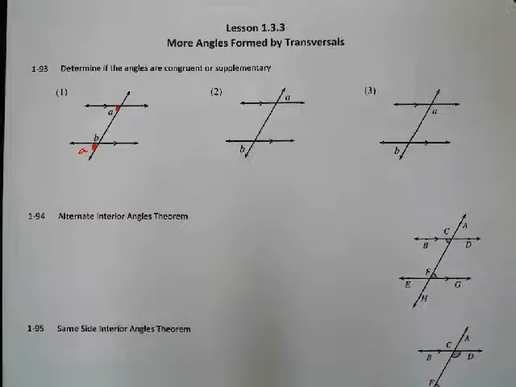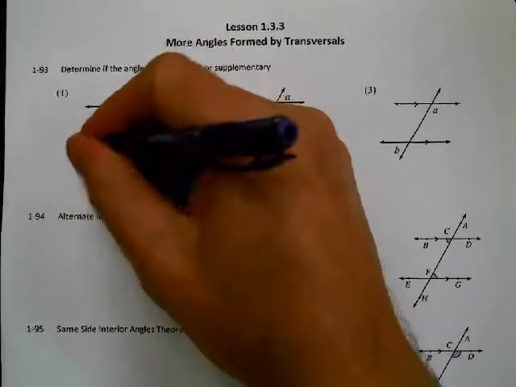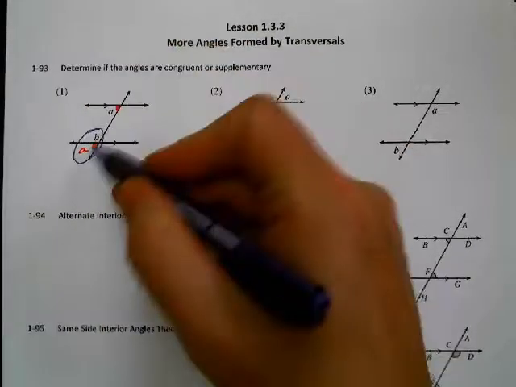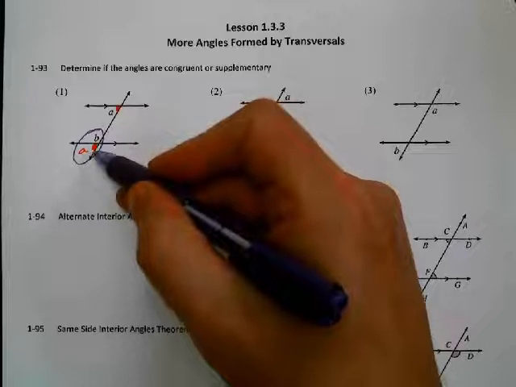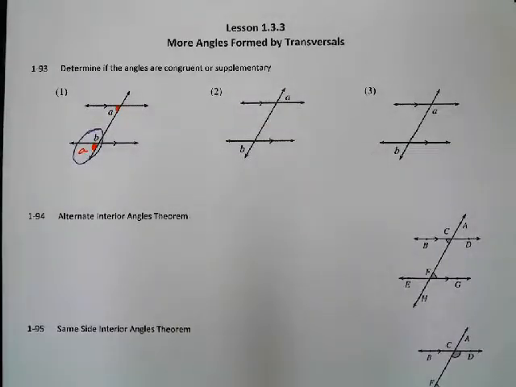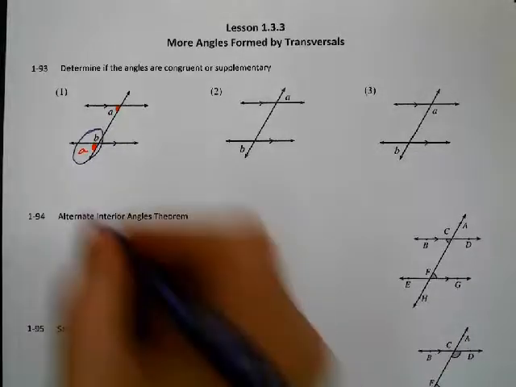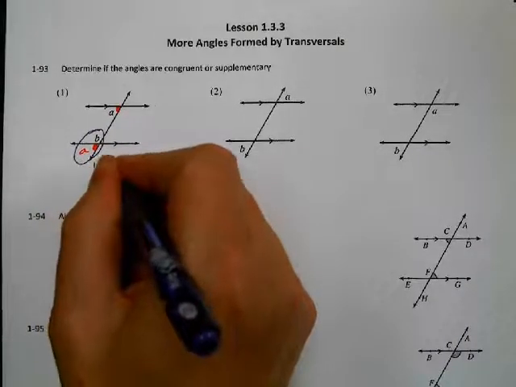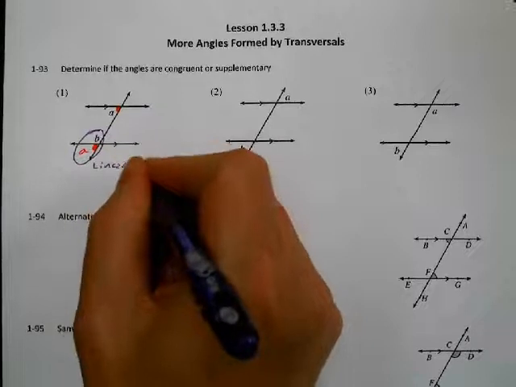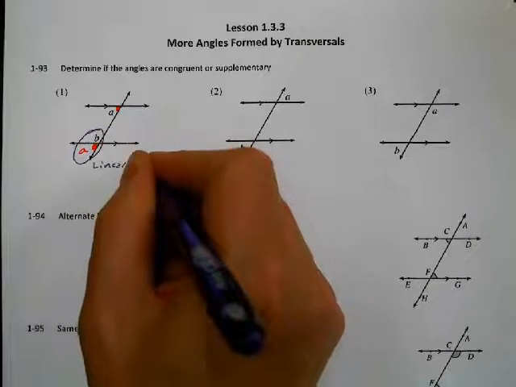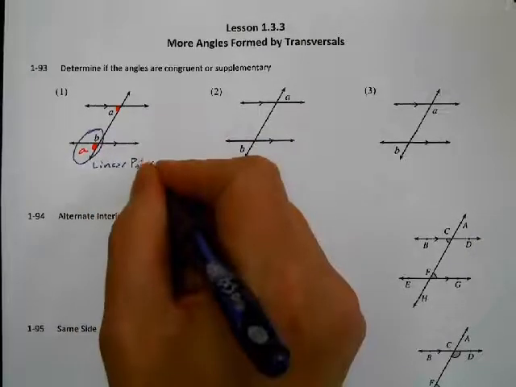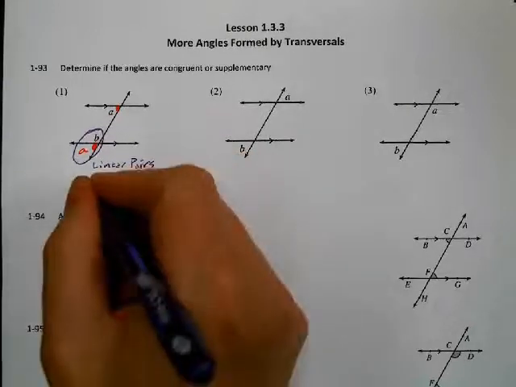Those two angles together make up a straight line, so those would be linear pairs, and linear pairs are supplementary. I can't spell. Linear pairs are supplementary.